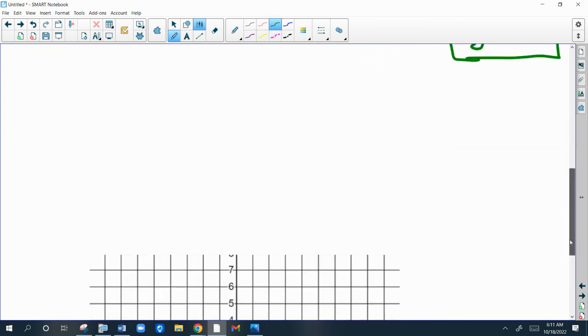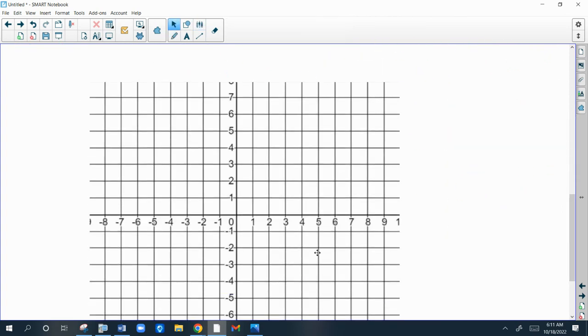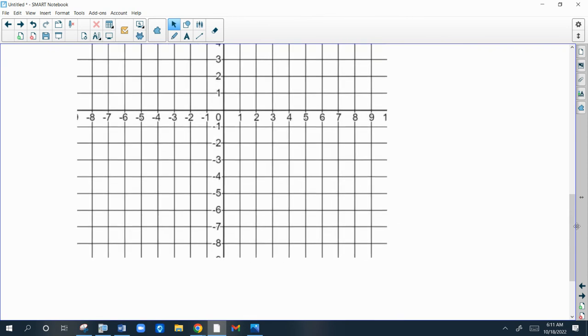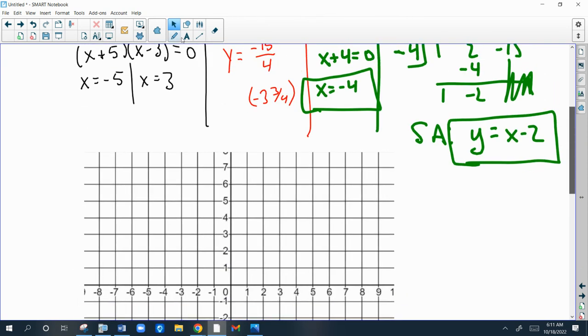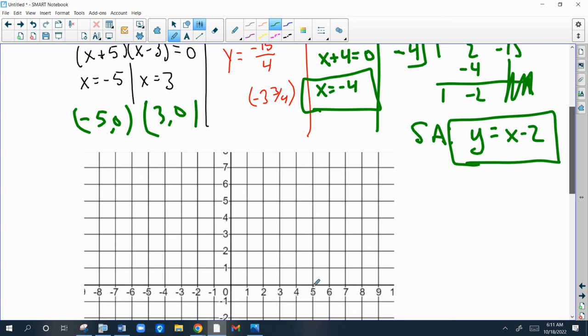So here we go with the graph. Hopefully that's enough to get a good idea of what the graph looks like. The x-intercepts are -5 and 3, or -5, 0, 3, 0. And they have multiplicities of 1, so the graph will go through them. The y-intercept is 0, -3 and 3/4.